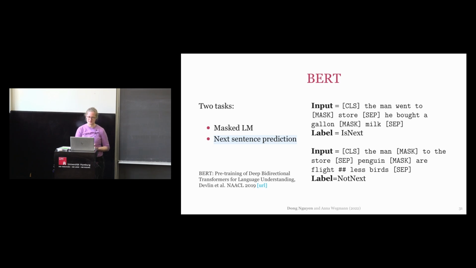You know what sentence came after the first. Here, the other example is, the man went to the store, and penguins are flightless birds, which arguably will not be the next sentence of the previous one.